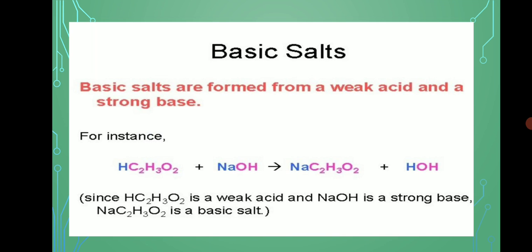Basic salts are formed by the reaction of a weak acid and a strong base. For example, HC2H3O2 plus NaOH yields NaC2H3O2 plus HOH. Since HC2H3O2 is a weak acid and NaOH is a strong base, NaC2H3O2 will be a basic salt.